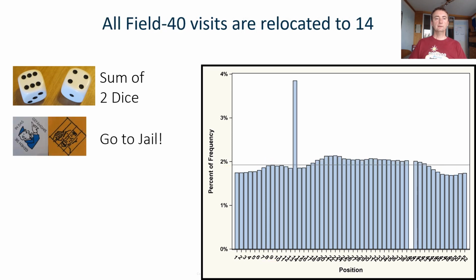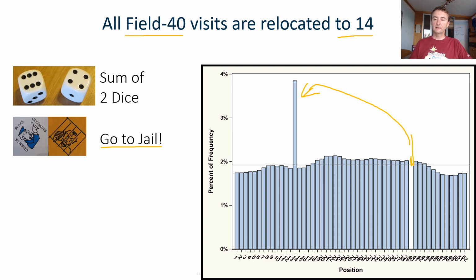This is the result when we also observe the go to jail directive on the field. So this means that all visits to field number 40 are relocated to field number 14. If you end up with a token right here in this field, you're relocated to field number 14.